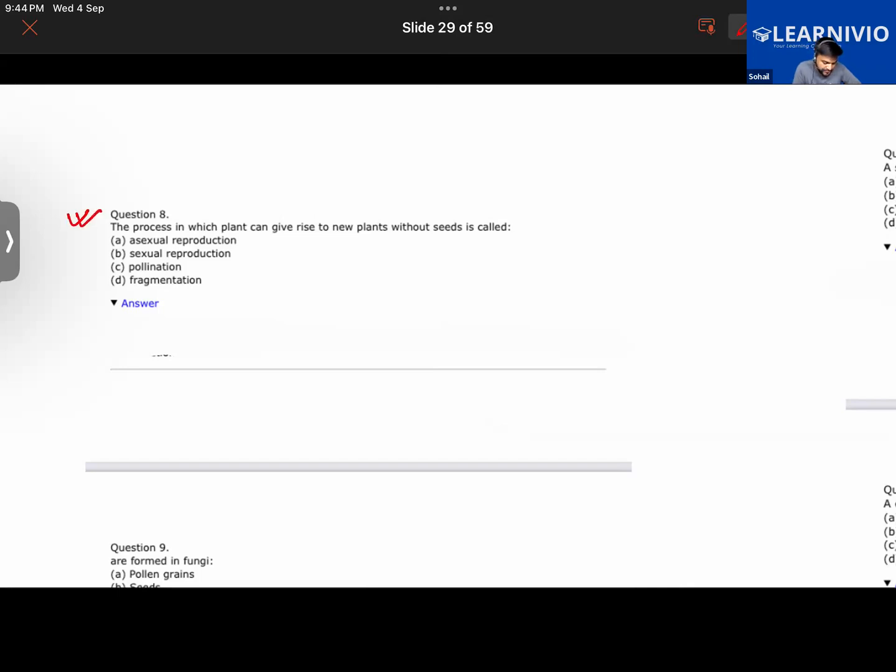The process in which a plant can give rise to new plants without seeds. Just write the option number. No need to write the whole option.